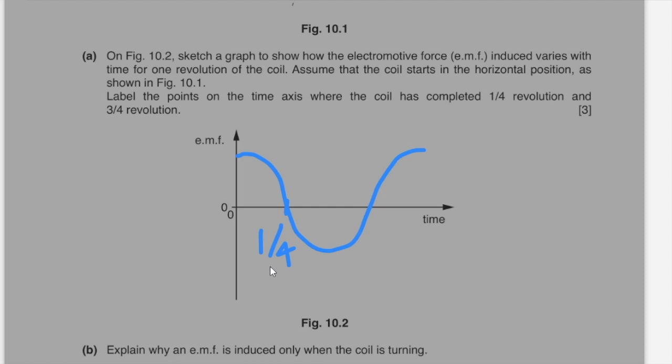So once again it cuts the most number of lines possible, and then it completes three-quarters of the cycle, becomes vertical position, and cuts no lines. So it has an EMF of 0 over here, and then again it gets back to its original position of being horizontal, cutting the most number of lines, and so inducing the highest EMF.